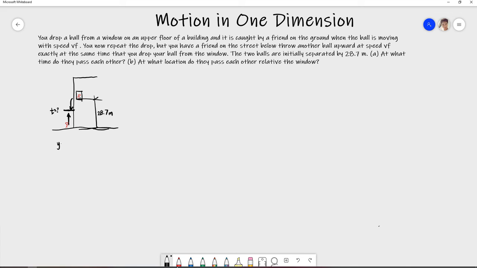We know that the height, let's say y, is equal to 28.7 meters, and at the instant this person throws the stone downward, the initial velocity is equal to 0.